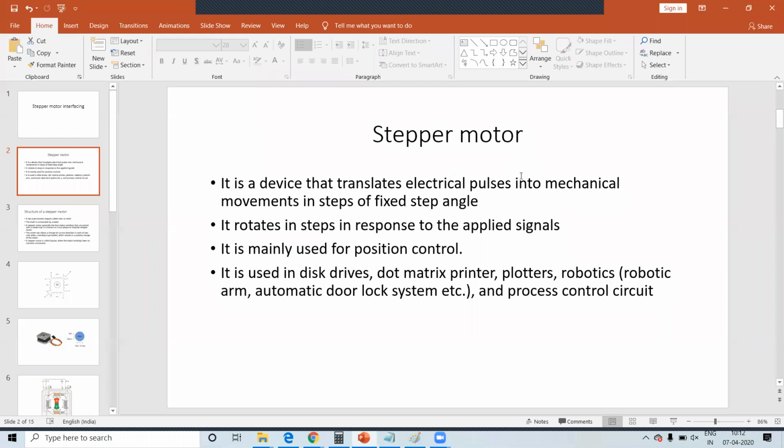Then it is used for position control. Generally, the applications are disk drives, dot matrix printers, plotters, and robotics, where you can use a robotic arm, robotic door lock, automatic door lock system, etc. And in process control circuits also.